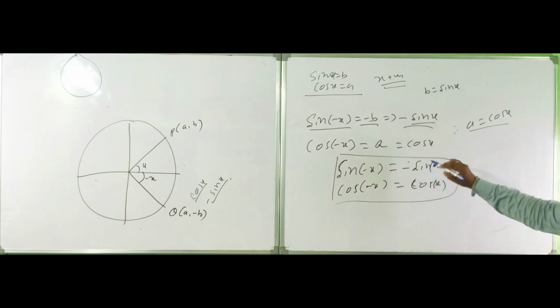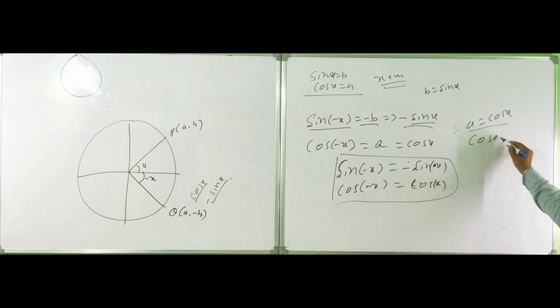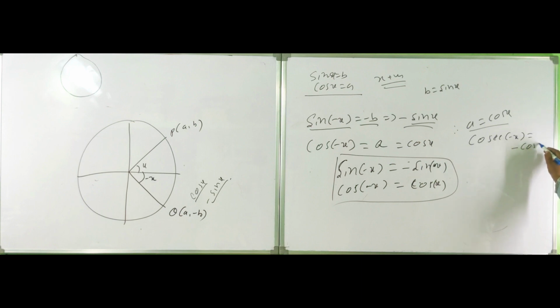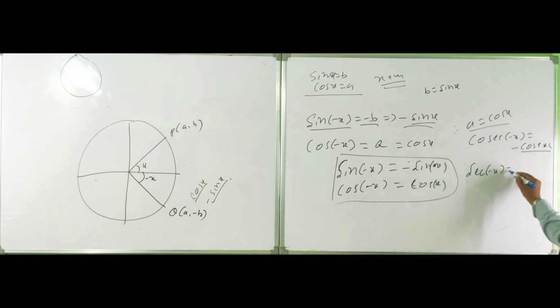Similarly, for the others, cosec of minus x is equal to minus cosec x, because this is the reciprocal of sin theta. Sec of minus x is equal to sec x. Tan of minus x is equal to sin of minus x divided by cos of minus x, which is minus sin x divided by cos x.